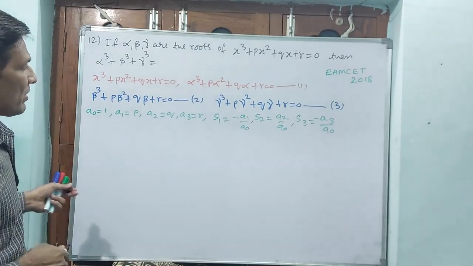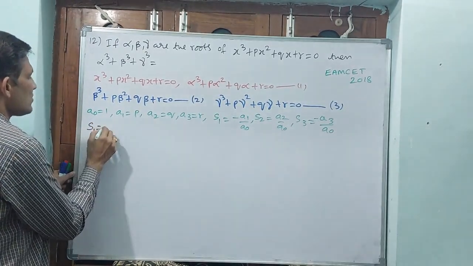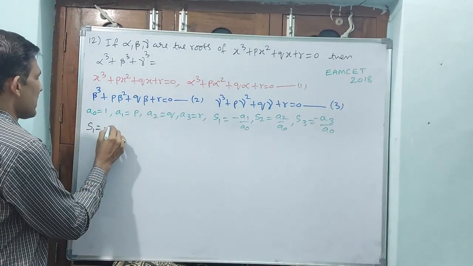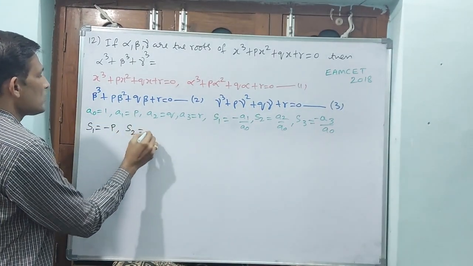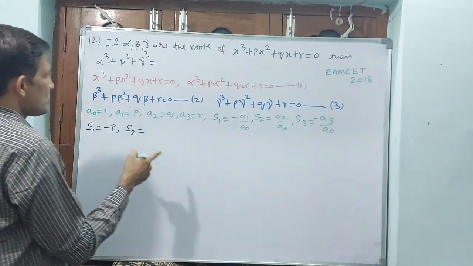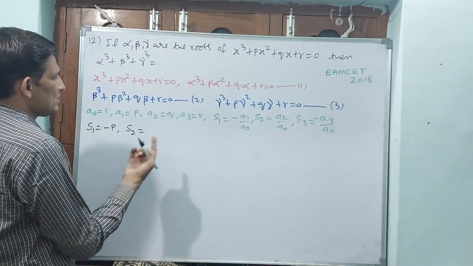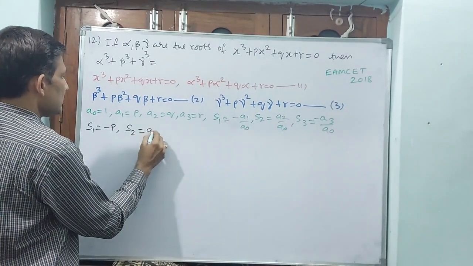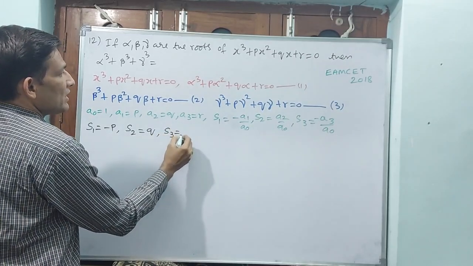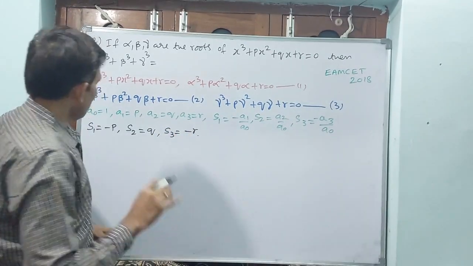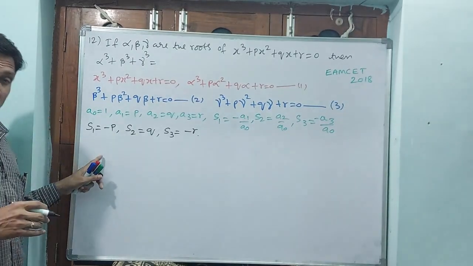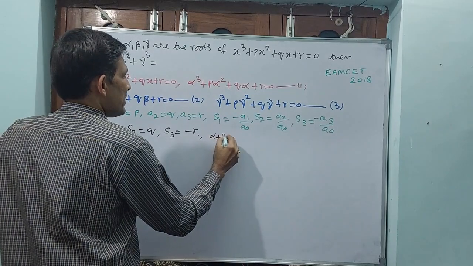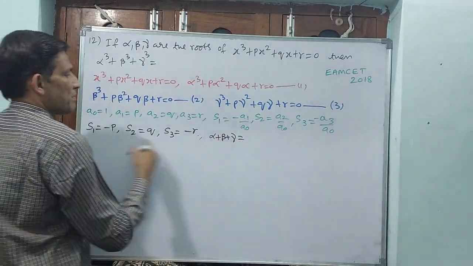Then you write S1, S2, S3 also. S1 is equal to minus A1, that is minus p. S2 is equal to A2 by A0. A0 is 1, so you need not put denominator 1; A2 is positive, only q. S3 is equal to minus r. Now these we can also write: S1 is alpha plus beta plus gamma is equal to minus p.